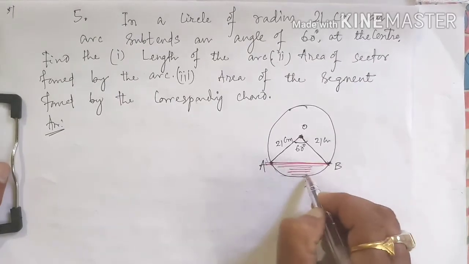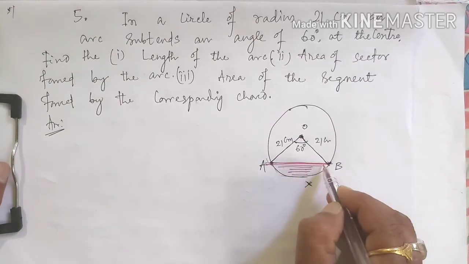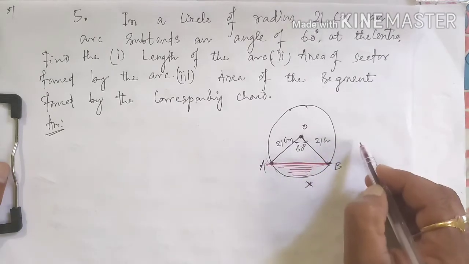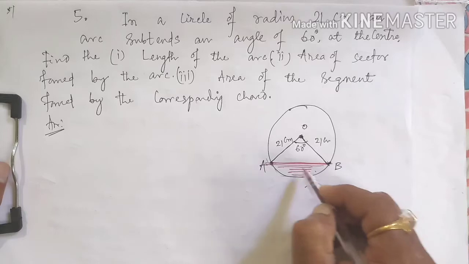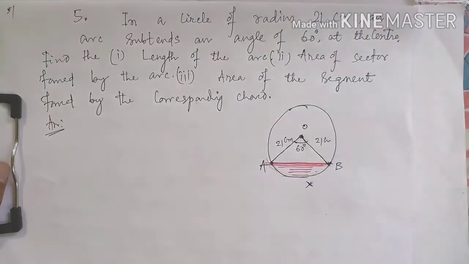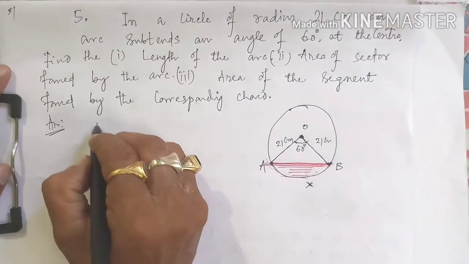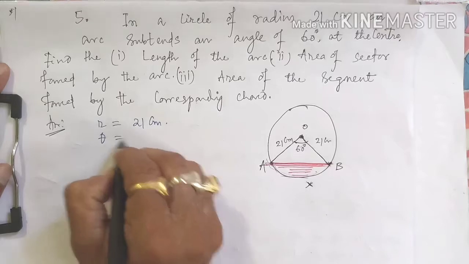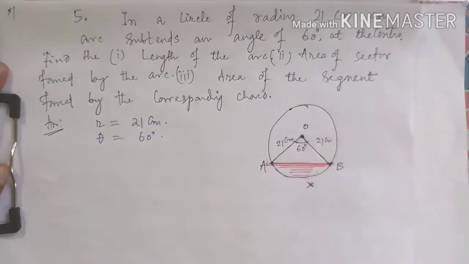Segment means this section, student, the corresponding segment. A chord divides the circle into two segments, a major segment and a minor segment. The corresponding segment from a chord means this minor segment AXB you have to calculate. So we can solve like this: R equal to 21 centimeter, theta equal to 60 degree.